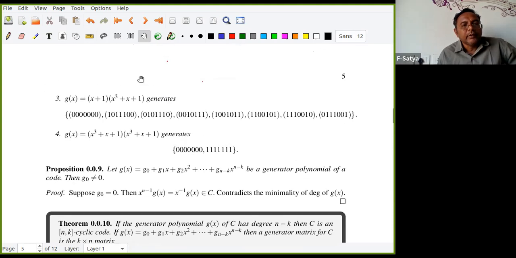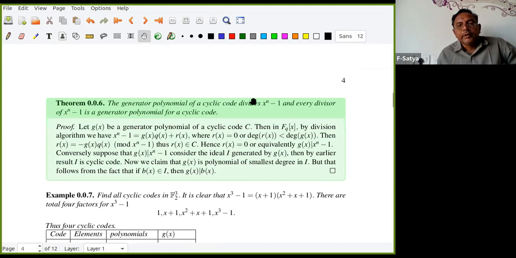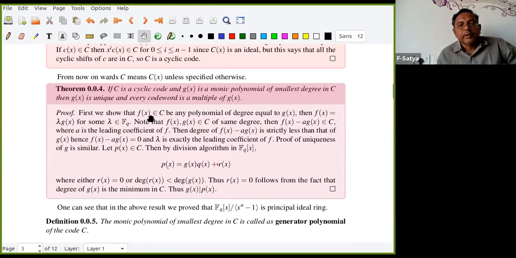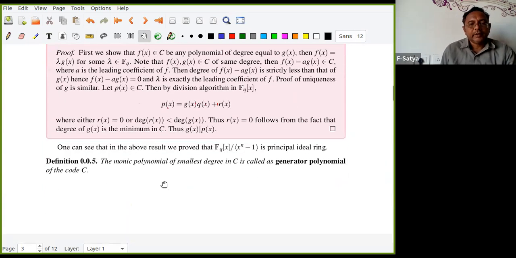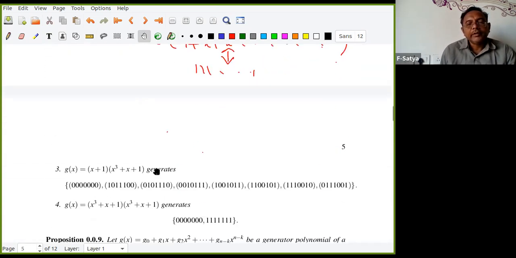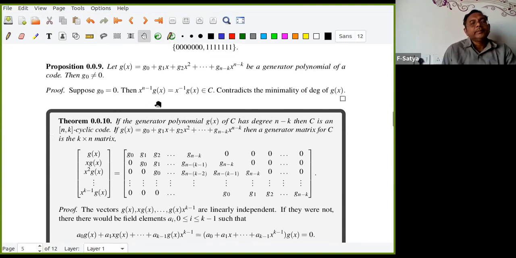We have done that, right? So see here, we prove now. Every code word is a multiple of g(x), right? So this x power n minus 1 is different only as an ideal. So this is a code word.